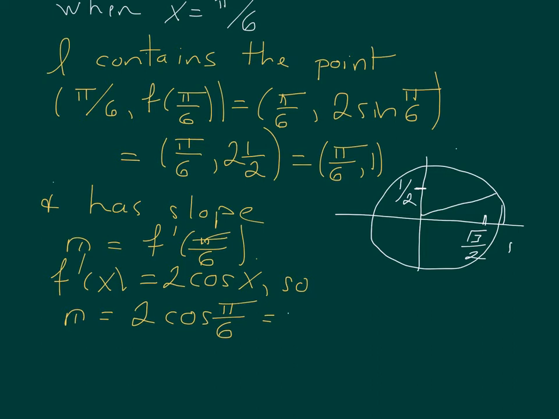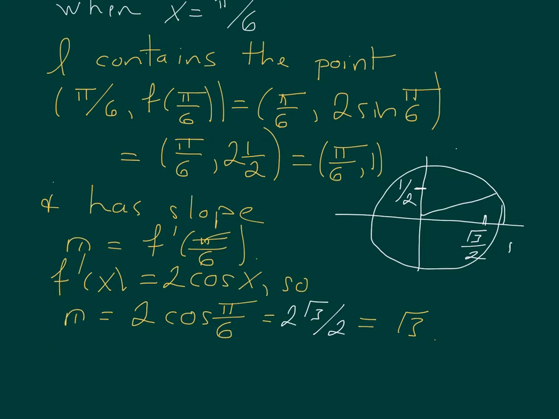So this is 2 times root 3 over 2, twice cos pi by 6, which is equal to root 3. So where are we at? Our tangent line L contains the point pi by 6, comma 1, and its slope is m equal to root 3. Well, if we have a point and a slope, we can give the equation.